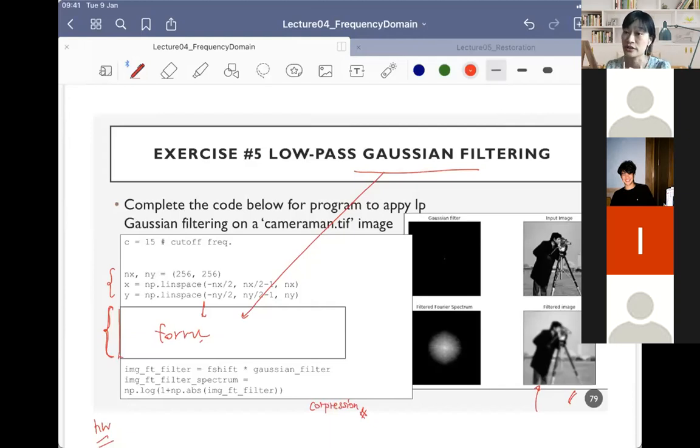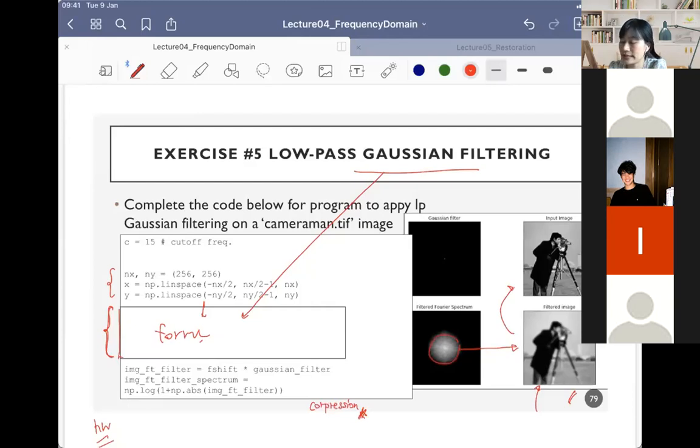You can decrease the storage or the size of the image if you compress it by keeping only certain frequency bands, some of the frequency that's important for showing the whole image, showing sufficient information to see the image similar to the original.